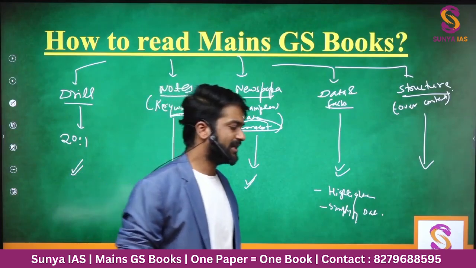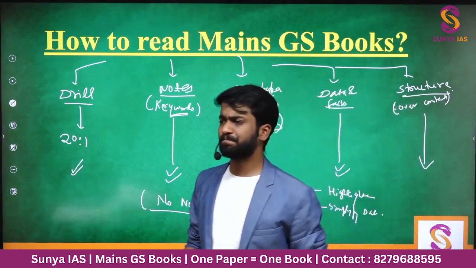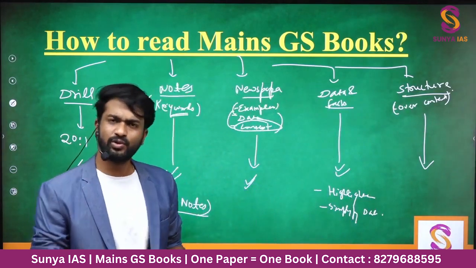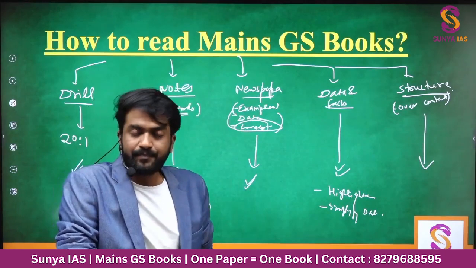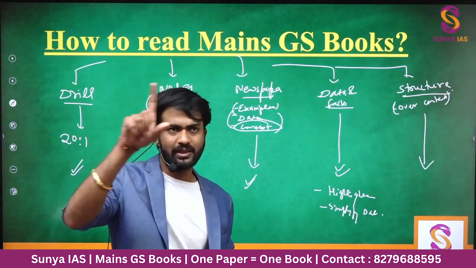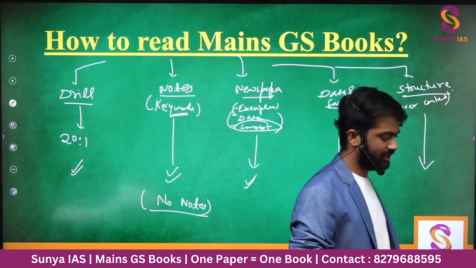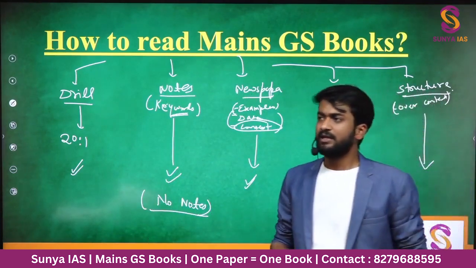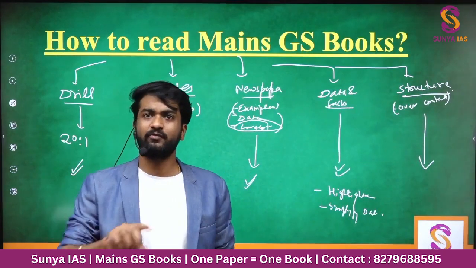Let me talk about another example. Let's say I'm talking about issues in the election system. What are the challenges we are facing today in the electoral system? You will be thinking about the points, not 1, 2, 3, 4, but about the structure: what are the stakeholders?